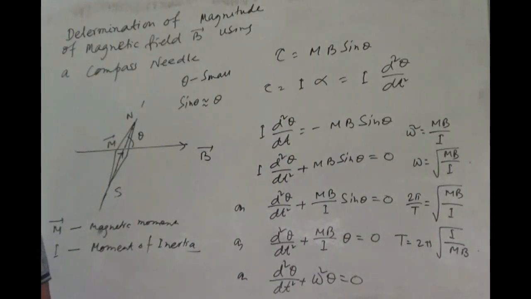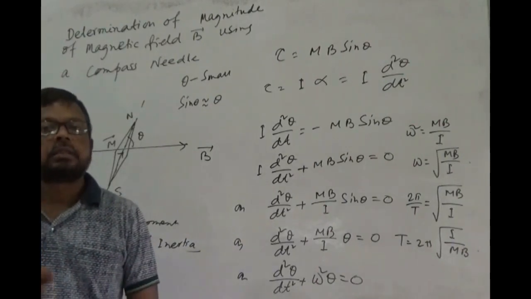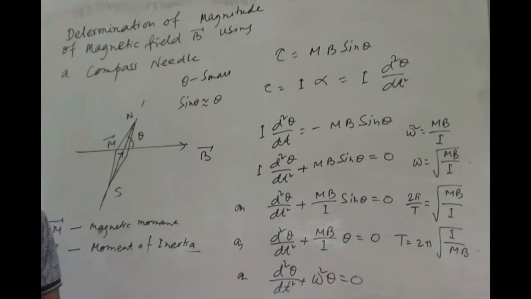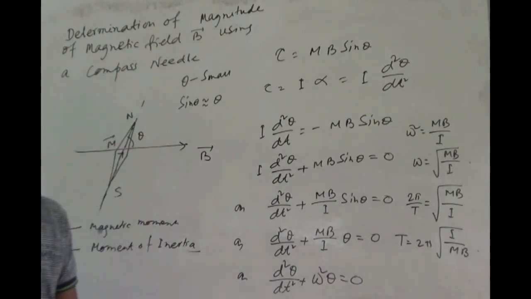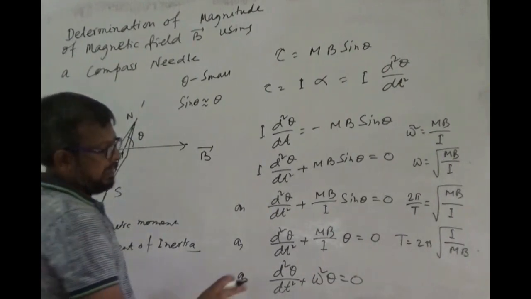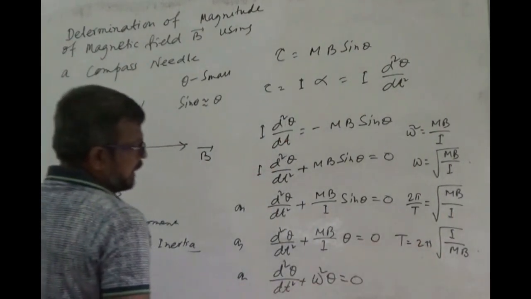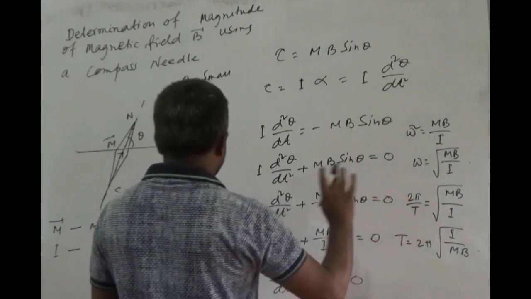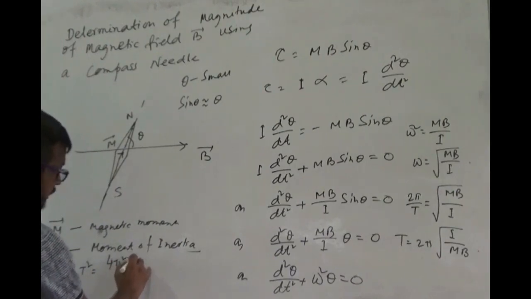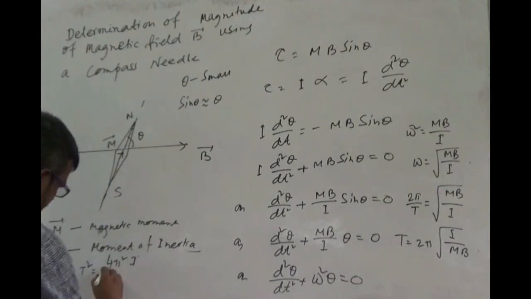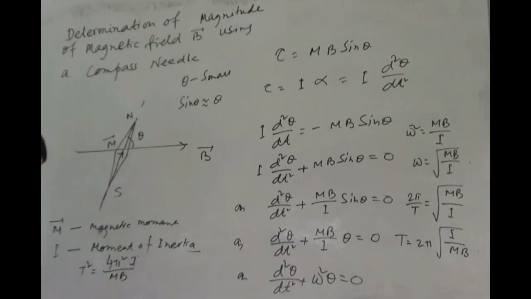This T is the time period of oscillation of the magnetic compass needle in the uniform magnetic field. And from here you can also write that T square is equal to 4 pi square I by MB.